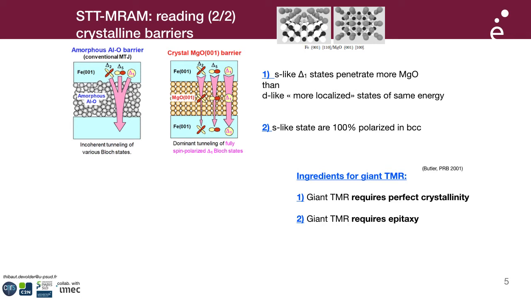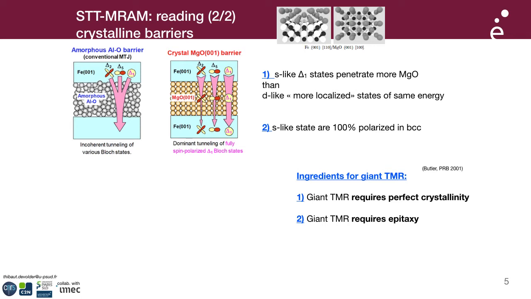If you have an amorphous tunnel barrier, then all electrons at the Fermi level can tunnel with the same probability if they have the same energy. It doesn't matter whether their orbitals are constructed from s states, p states or d states, they all tunnel with the same probability because the tunneling doesn't preserve the symmetry of the Bloch states in this configuration.